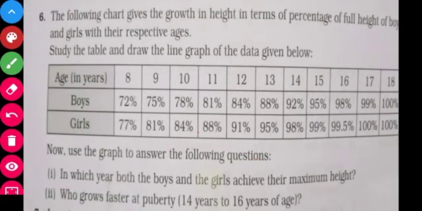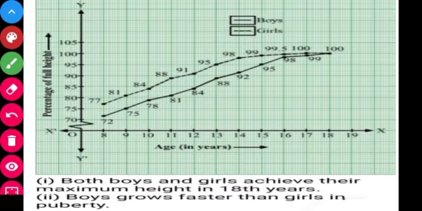Take 1 unit equal to 5%. So start from 70, then 75, 80, 85, 90, 95, 100, 105.